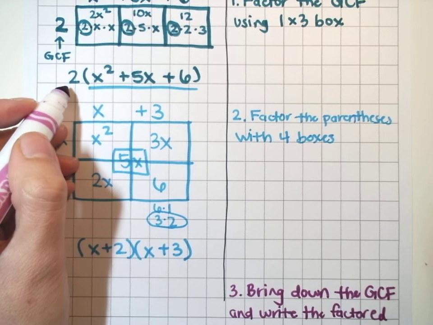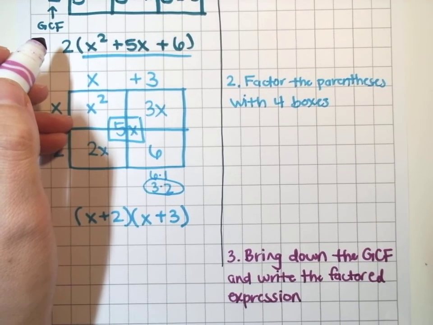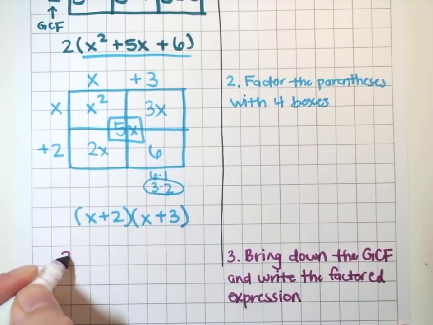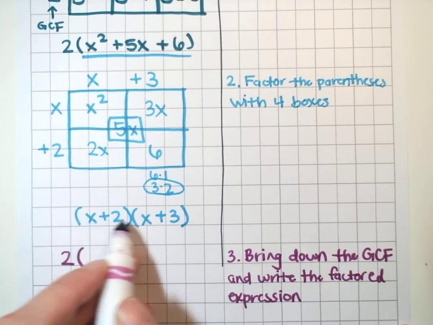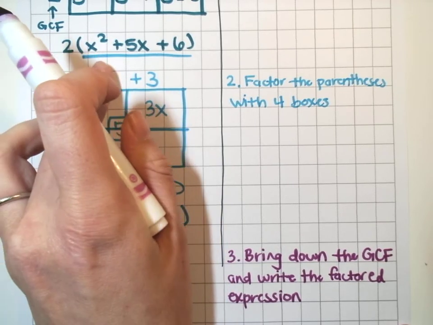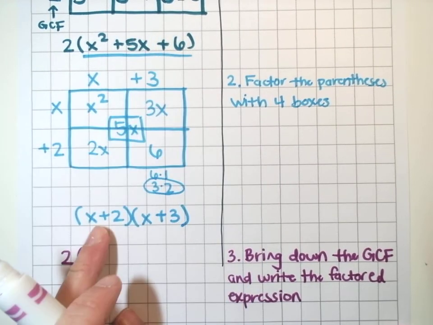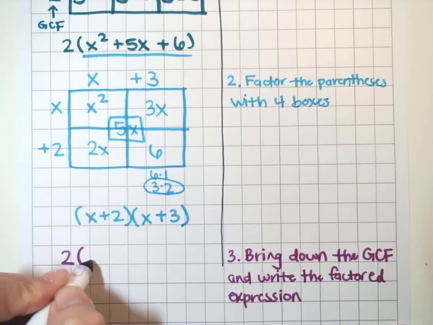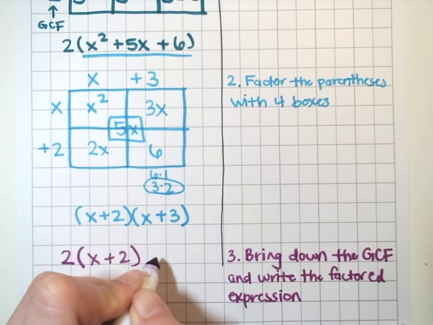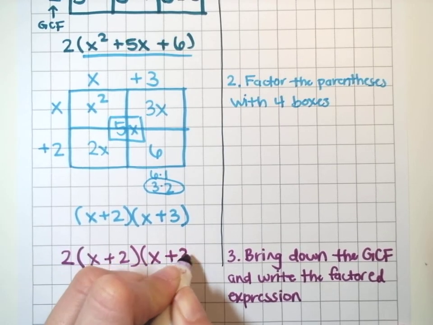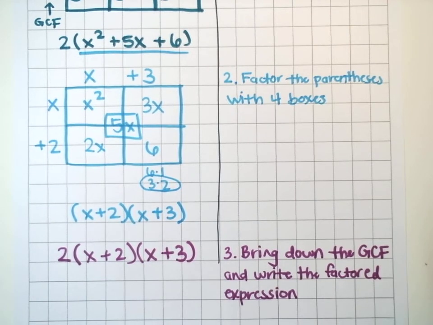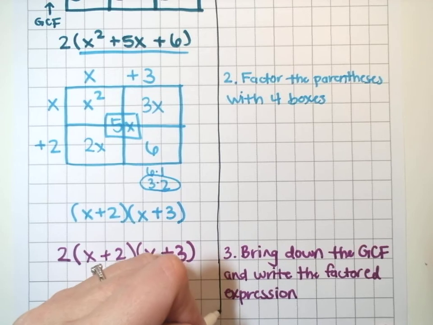So our GCF was 2. So we're going to bring down the 2, and then we're going to put it with what we just factored, x squared plus 5x plus 6, which we said factors to x plus 2 times x plus 3. And that's it.